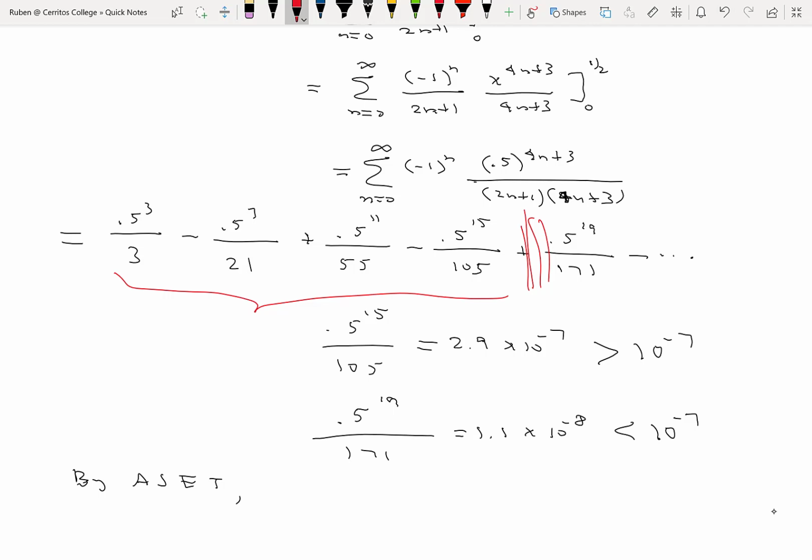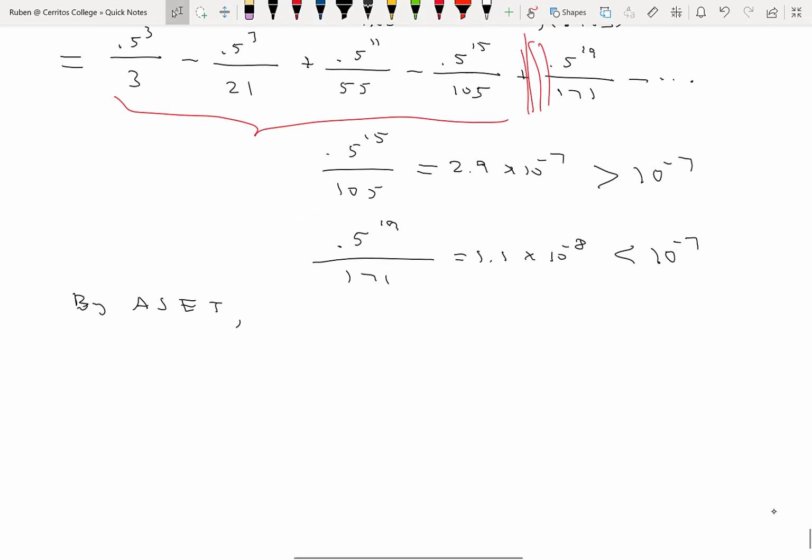My error is guaranteed to be less than 10 to the negative 7th. Those terms add up to this. So the integral of the inverse tangent of x squared from 0 to 1/2 approximately equals 0.41303030054.